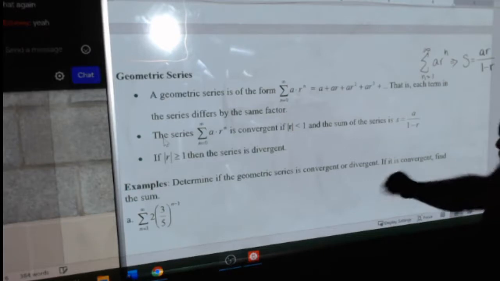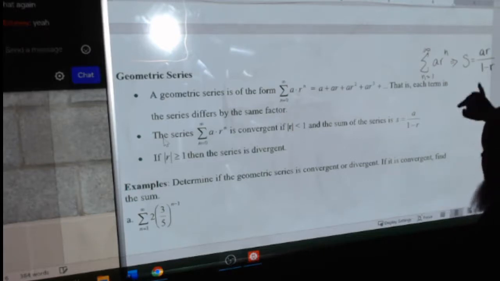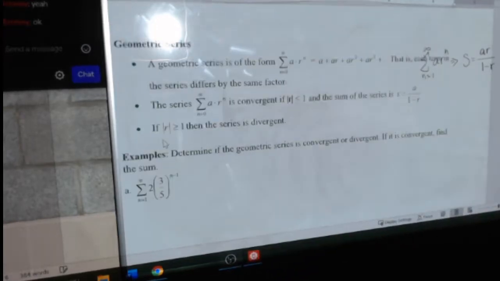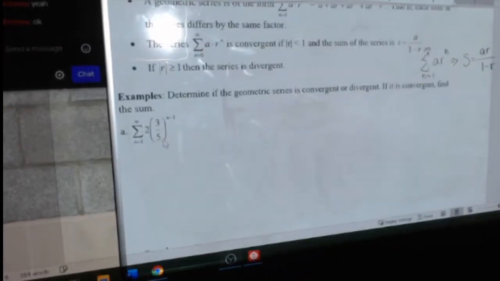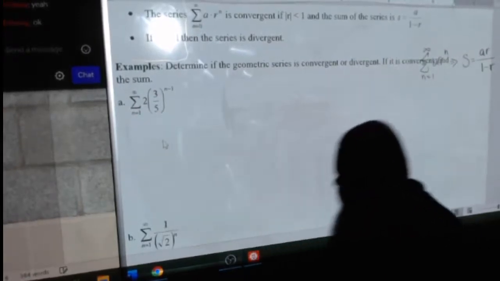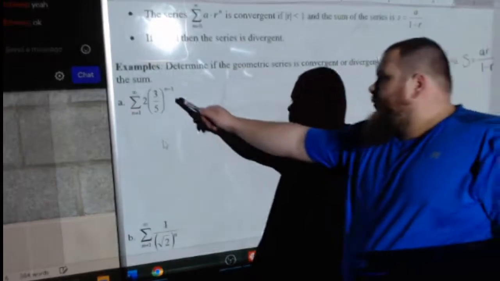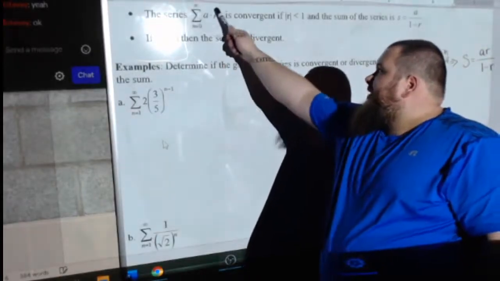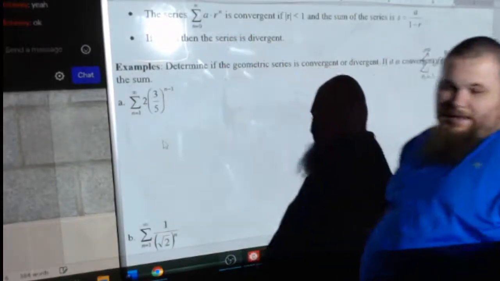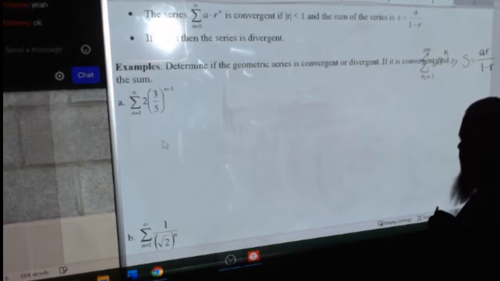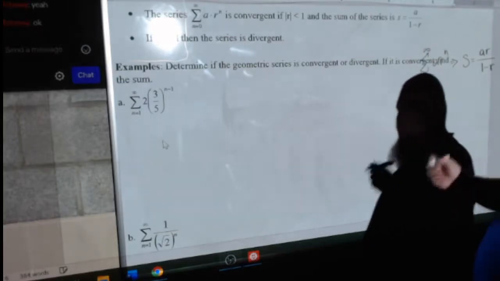So let me do a few, just these first 2, and I'll do one of each and see if that makes sense to you. So the real trick here is just getting these into the correct format. This first one is 2 times 3/5 to the n minus 1. Well, I don't need something to the n minus 1, I need something to the n. So how in the world do I do that? Well, if I have something to a power, I can split it up.